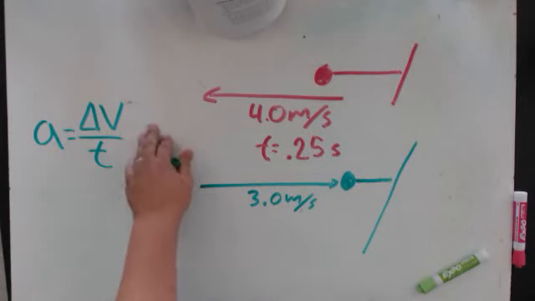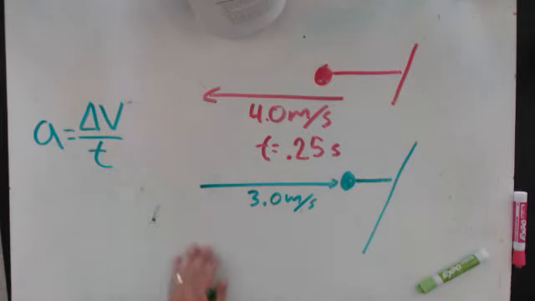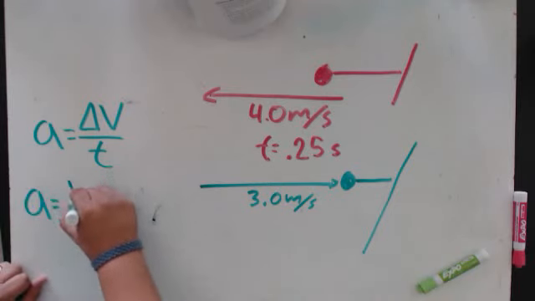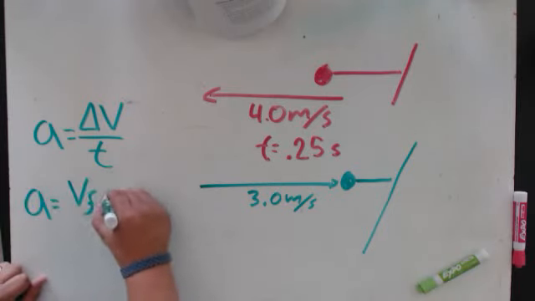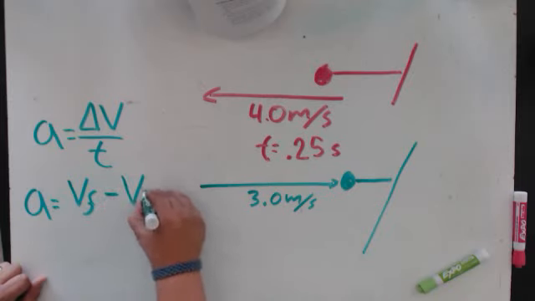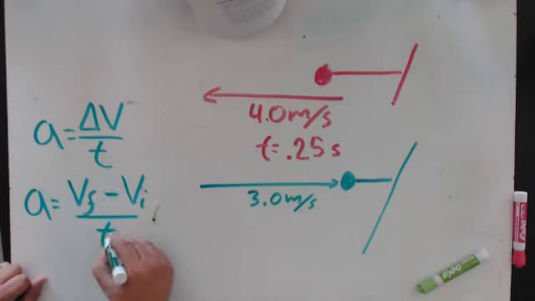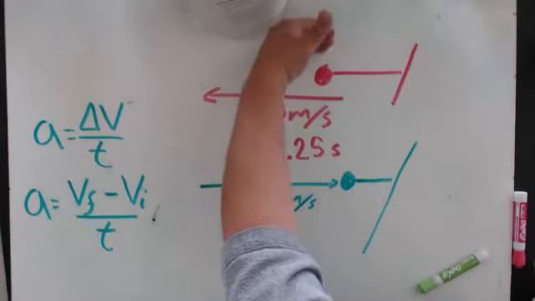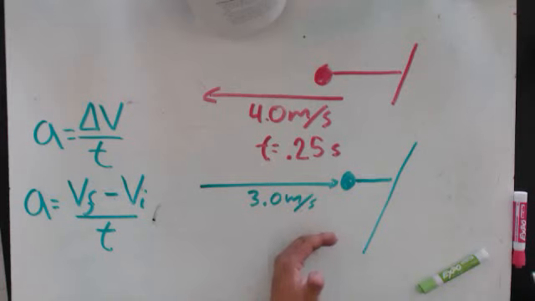Okay? So now I want to break down my change in velocity. So I can say acceleration is v final minus v initial over t. Okay? Cool? So my final velocity is obviously going to be 3 meters per second. This event happens, and then as time progresses, this event happens. So this is going to be my final. This is going to be my initial.